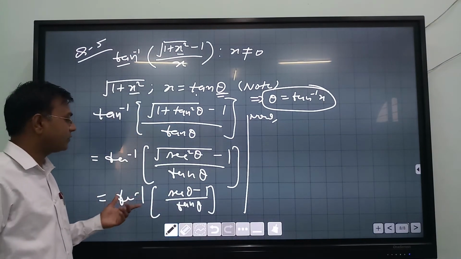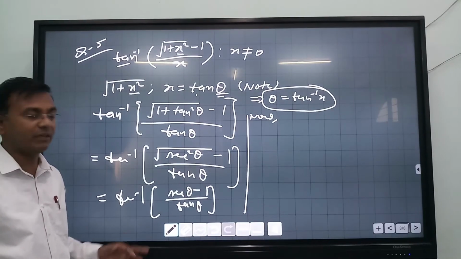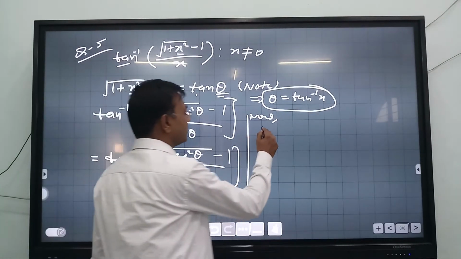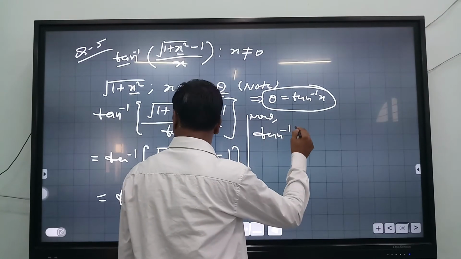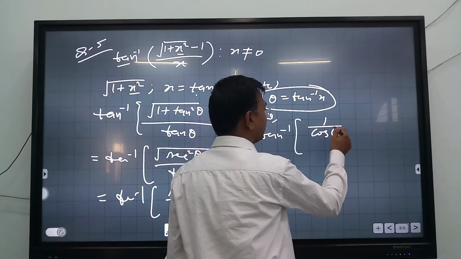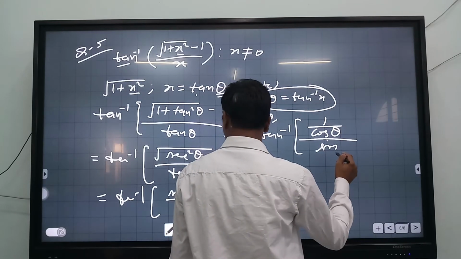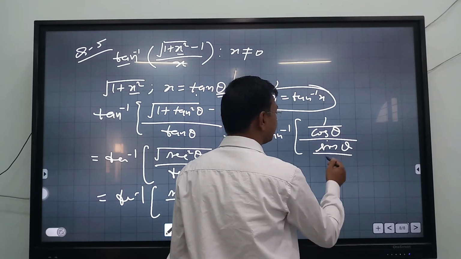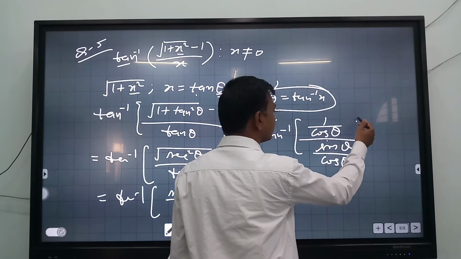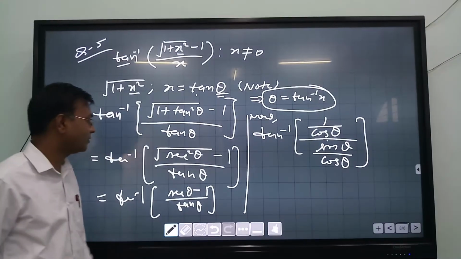Now, sec or tan, this is not the simplest form, because we should try to simplify this more, and we can. See how. Sec theta can be expressed as 1 by cos theta, and tan theta as sin theta by cos theta.